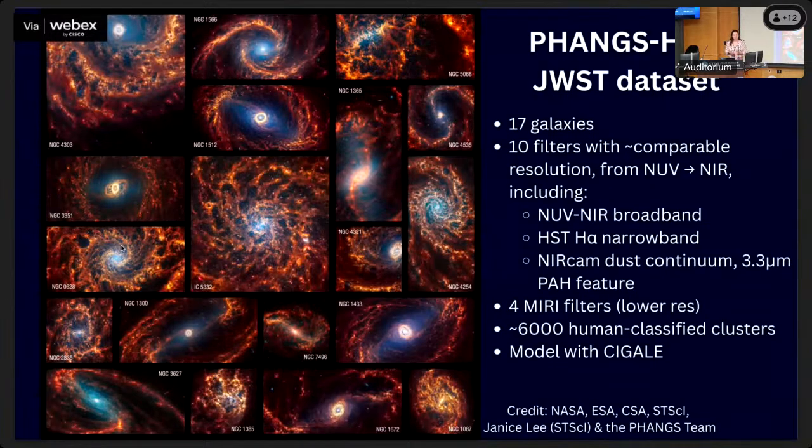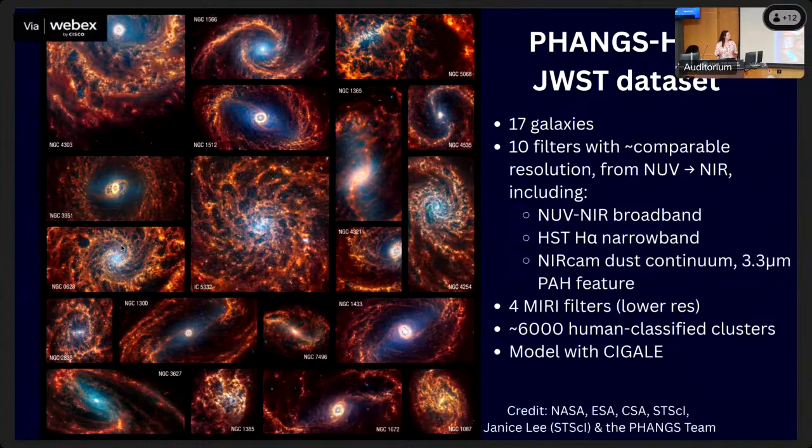As you guys have all heard, the PHANGS HST JWST dataset is composed of 19 galaxies. I'm only using 17 galaxies for this project, with 10 filters with comparable resolution from the near UV to the near IR. This includes stellar broadband filters.